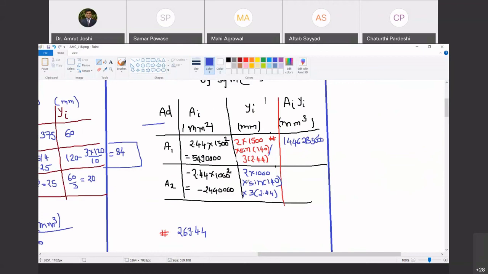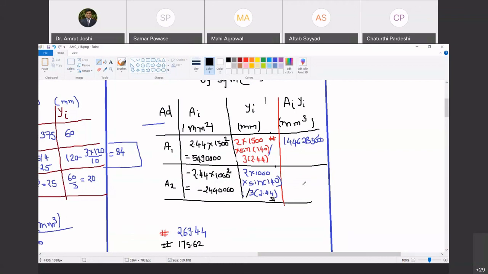So now 2 into 1000 into sine of 140, this divided by 2.44. 175.62.